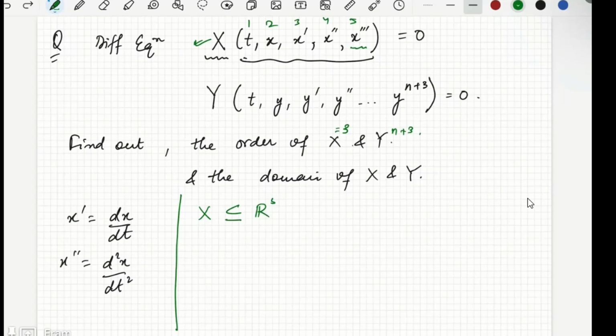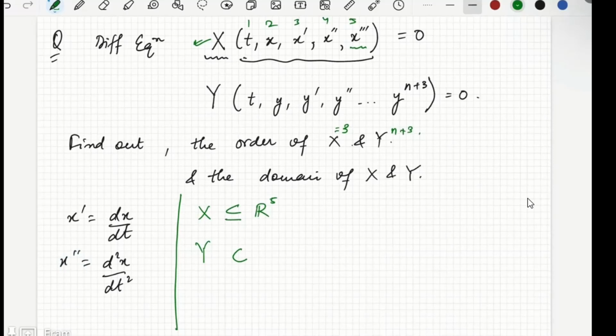Now similarly, can you identify for y? R^(n+5). So how many derivatives do we have? We have the first derivative, second derivative, up to the (n+3)th derivative. So these are n plus 3 variables, from the first derivative to the (n+3)th derivative.